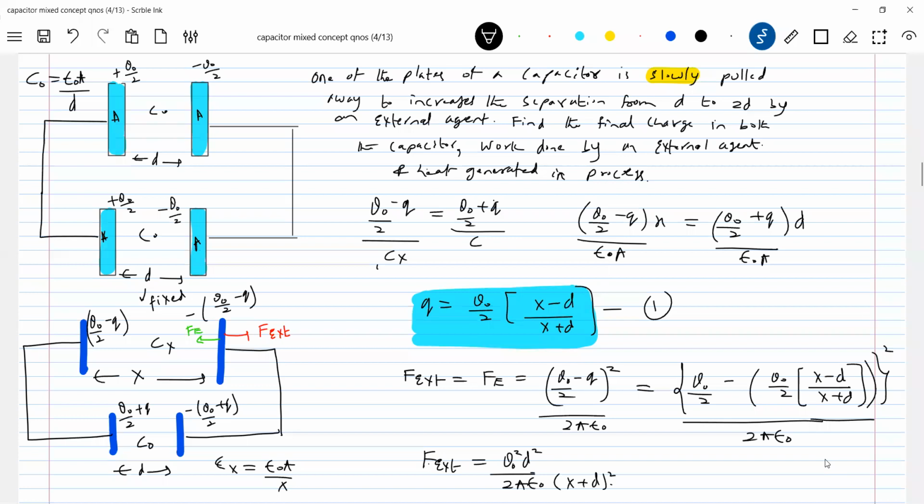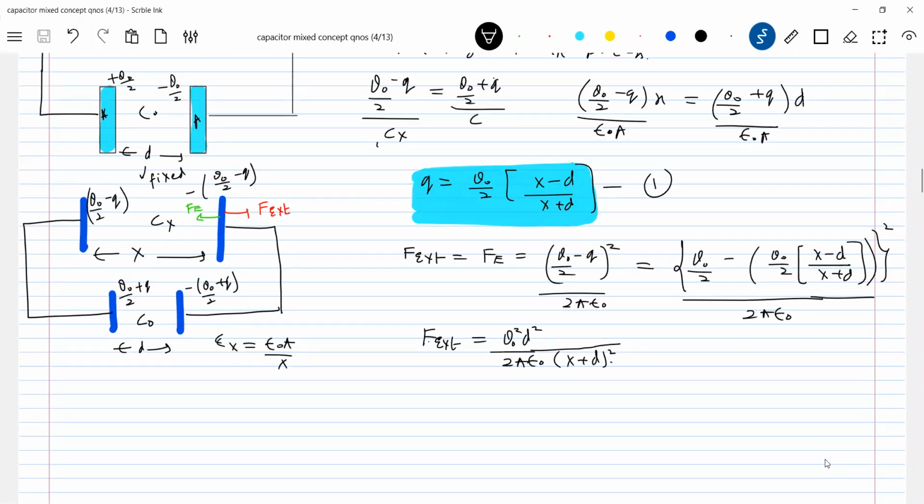Okay, I think all of you agree with this. Now look at this force: constant or variable? It's a variable force, no? So what is the work done? I'll go for integration now. The problem is over once you are able to get this; only getting this force is the problem. Now the work done by the external agent equals the integral of F dx, from d to 2d. So this should be Q naught squared d squared by 2A epsilon naught times dx by (d plus x) whole squared.